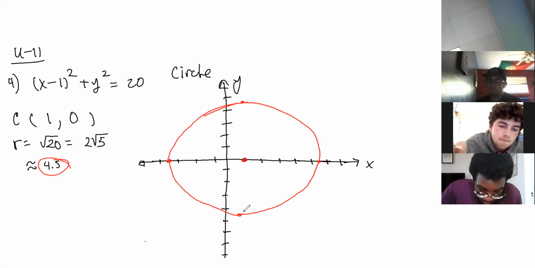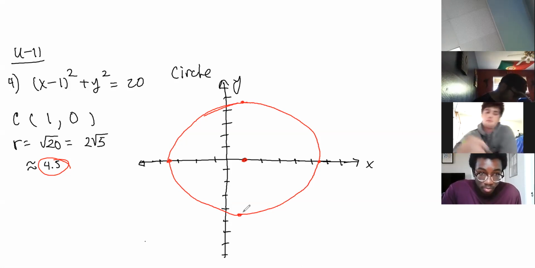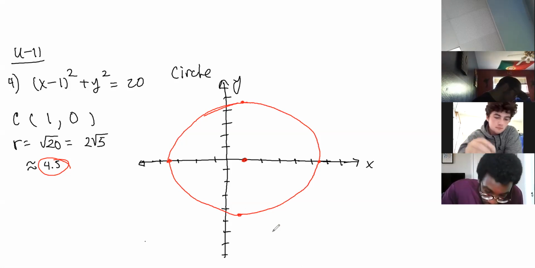Number 5, you had asked for 4 and 5. 5 is very different from this. Would you guys like me to do that one as well? Yes. Okay. Questions on 4 before I move on to 5? Okay, I am going to clear.